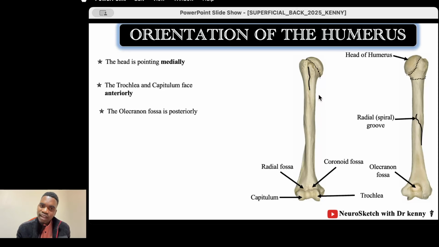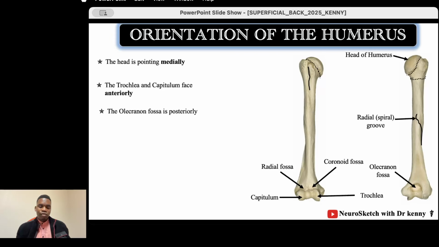This will be the right humerus. Why? Because putting all these features together, the head of the humerus points to the contralateral side.